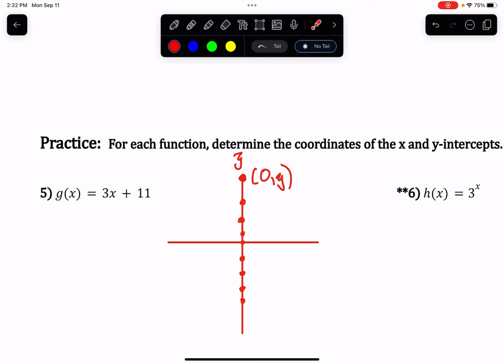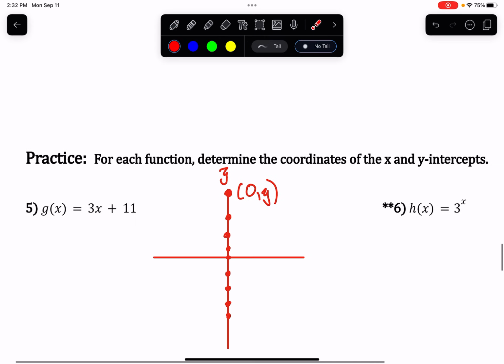If I was to try and get to a point that was on the y-axis, I wouldn't have to move to the right or to the left. I'm only moving up or down. So my x-coordinate everywhere on the y-axis is 0.